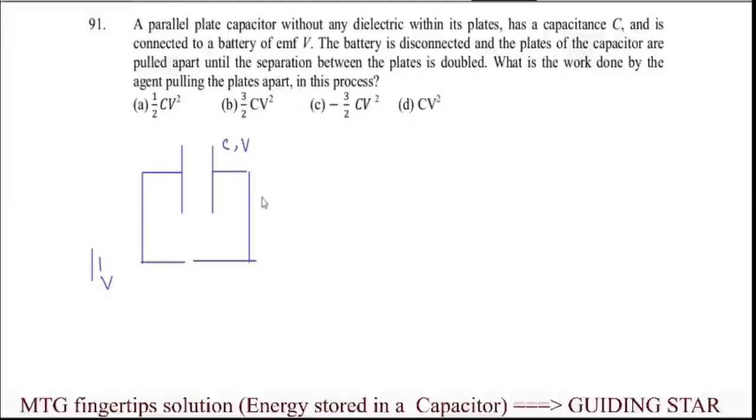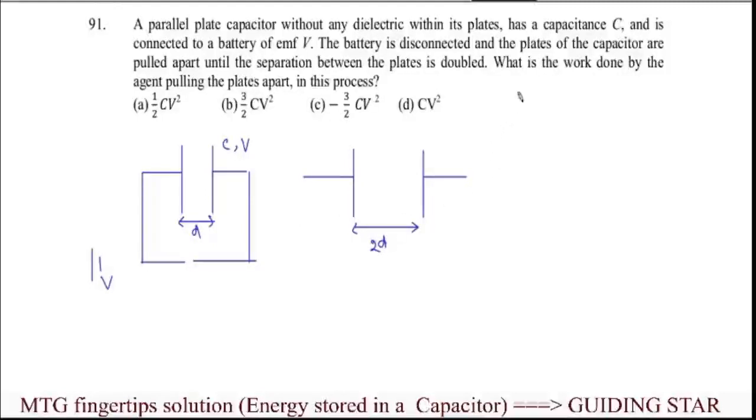So here, the separation between them we are making double. Initially it is, let it be D, then the distance between the plates will be 2D.